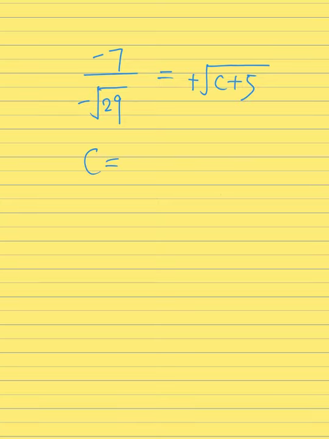Therefore, c equals -96 over 29, or -3 and 9 over 29.